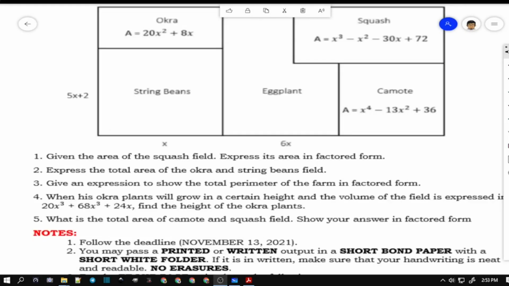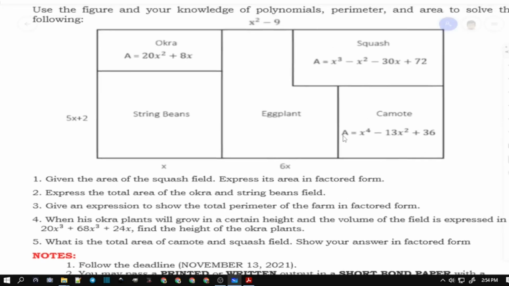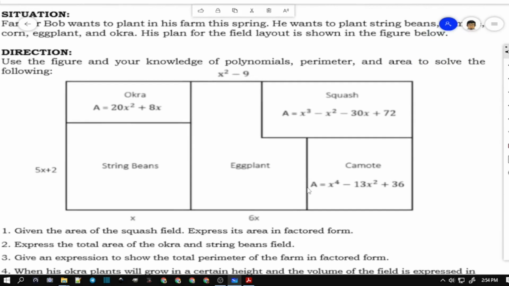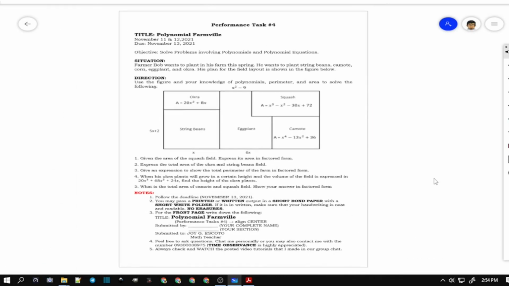For number 1, given the area of the squash field, express its area in its factored form. So, step 1, you have to first find where the squash field is located. This is the squash field. Our squash field has x cubed minus x squared minus 30x plus 72.